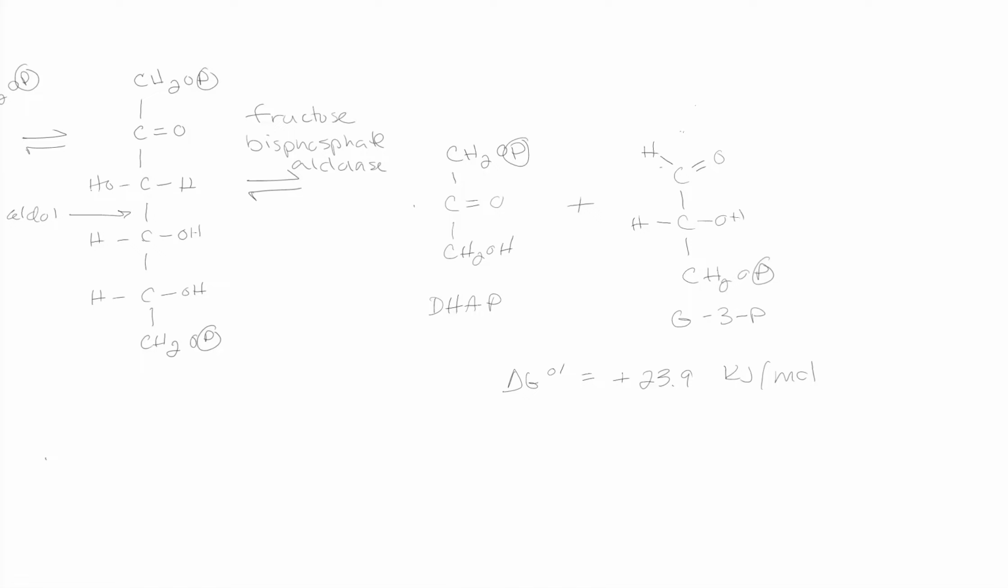It's making glyceraldehyde 3-phosphate and dihydroxyacetone phosphate from a single molecule. And the equilibrium is thus greatly influenced by concentration. So the value of delta G in erythrocytes under biological conditions is actually negative 0.23 kilojoules per mole. So at physiological concentrations, this reaction is essentially at equilibrium.